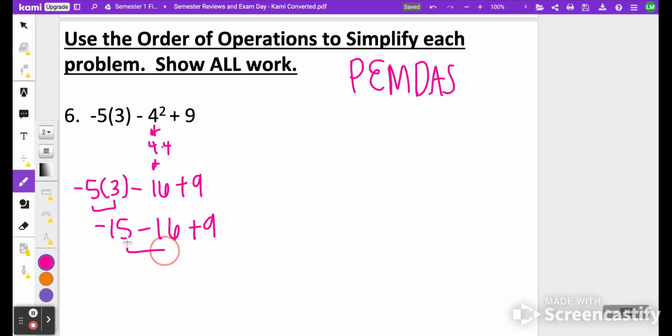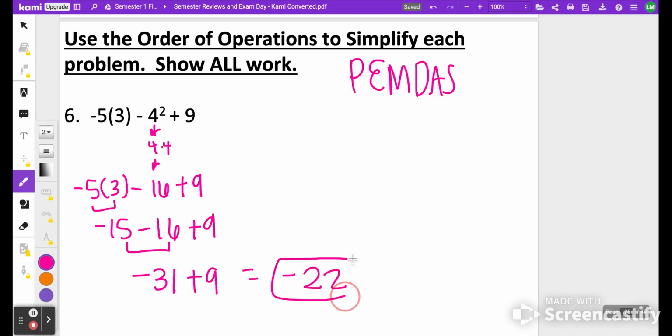And then the last part, adding and subtracting from left to right. Negative 15 minus 16 is negative 31, and negative 31 plus 9, that's the same thing as just taking 31, subtracting 9, we should get negative 22. Double check that on my calculator, but I'm pretty sure we got that one right. 31 minus 9. Yep. Okay.